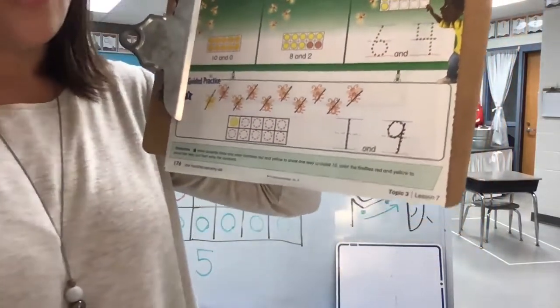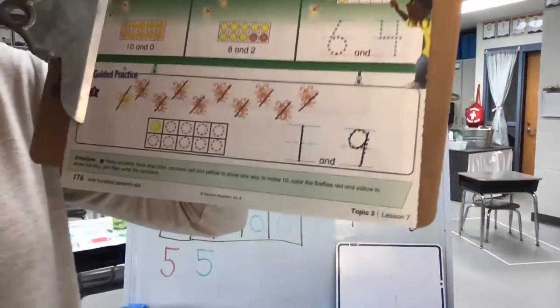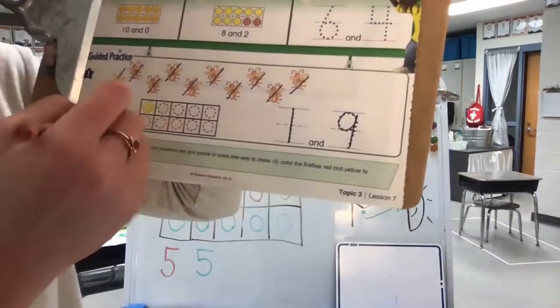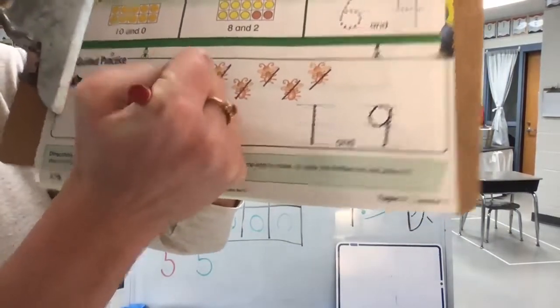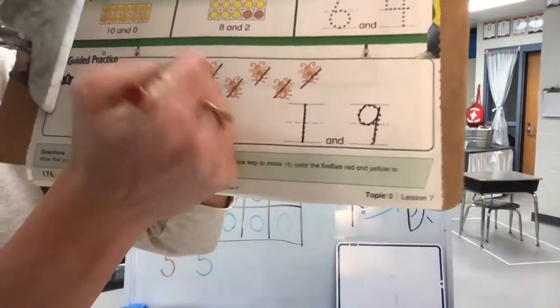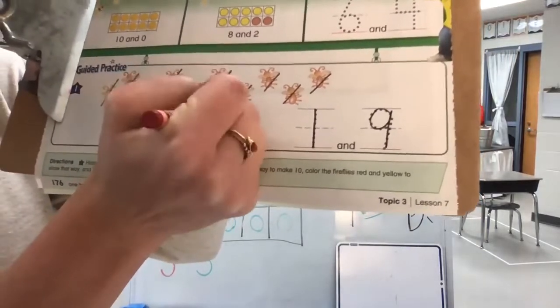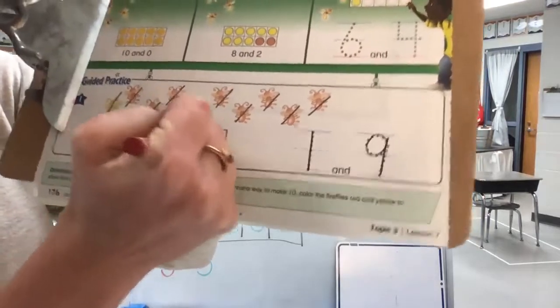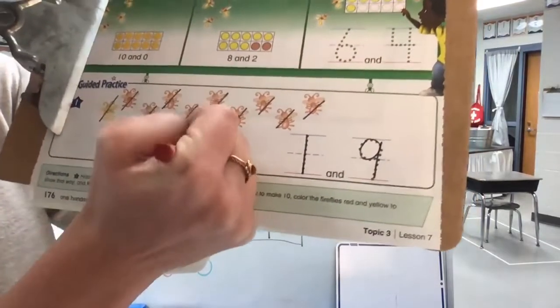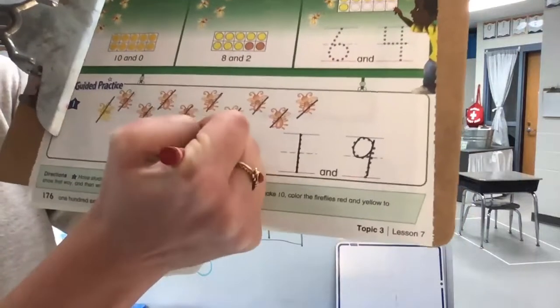And then we're going to show that another way to make 10 is with 1 group of 1 and 9 extras. So let's count. 1, 2, 3, 4, 5, 6, 7, 8, 9.